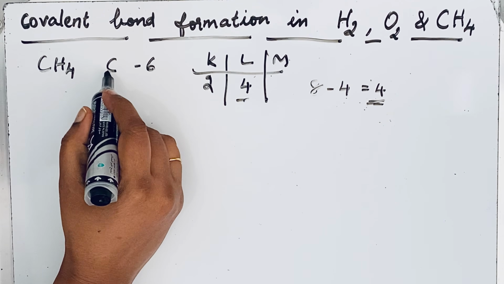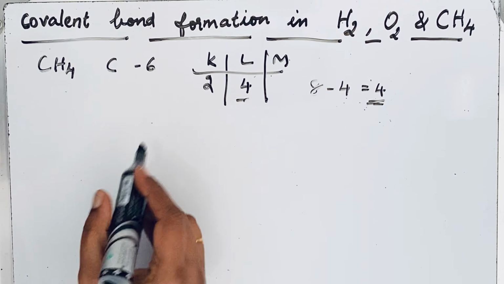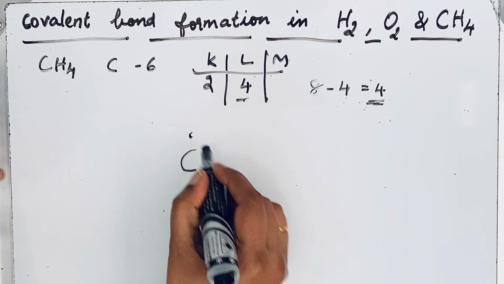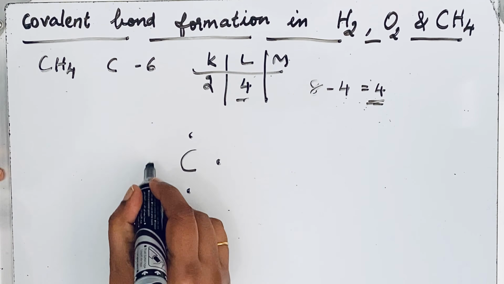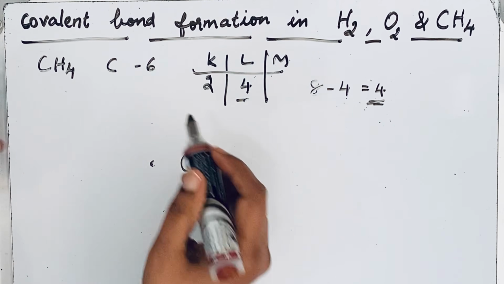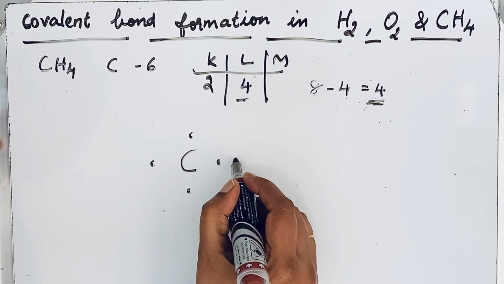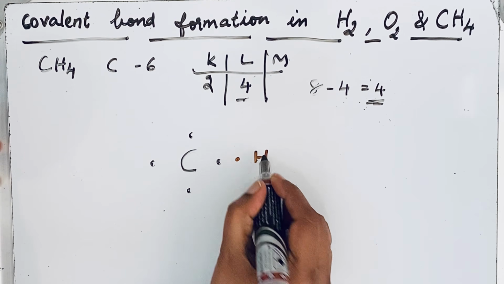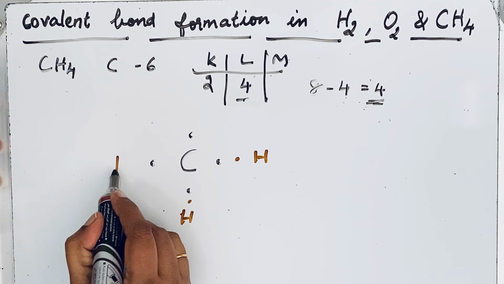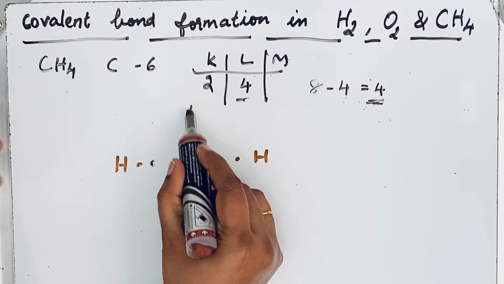First let us draw the electron dot structure for carbon. Carbon has 4 valence electrons: 1, 2, 3, 4. To complete the octet configuration, it needs 4 more electrons. Those 4 more electrons, it will get from hydrogen atoms, each hydrogen with 1 electron.